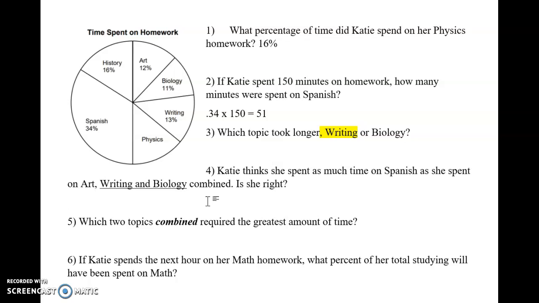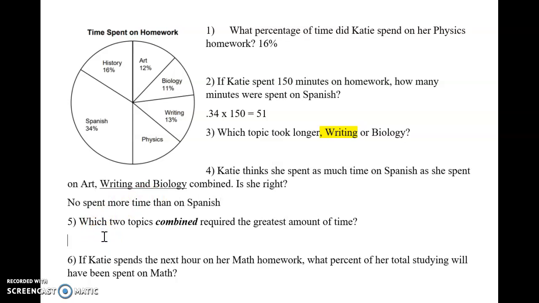Well, she only spent 34% on Spanish, so no, she's wrong. She spent more time on those three than on Spanish. Maybe it just seemed longer.